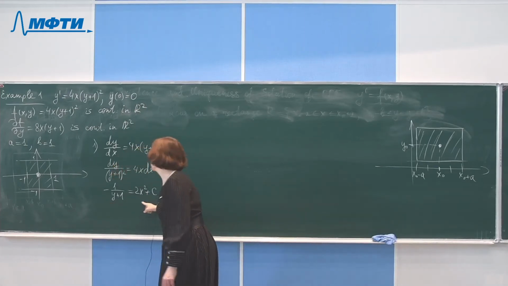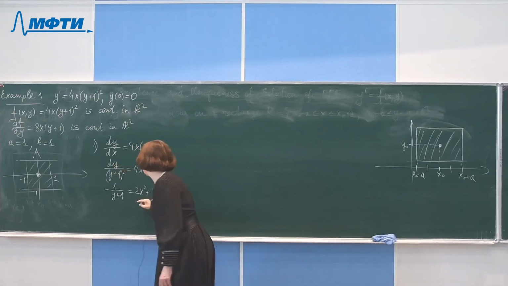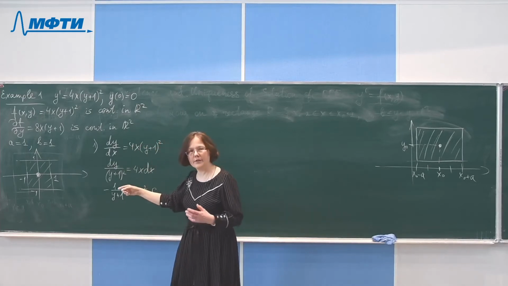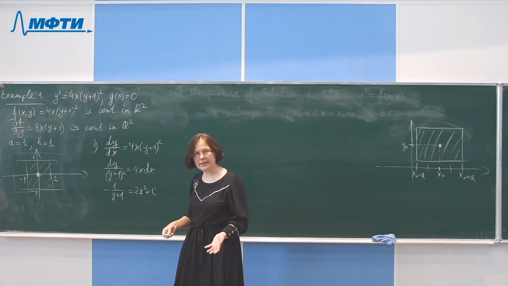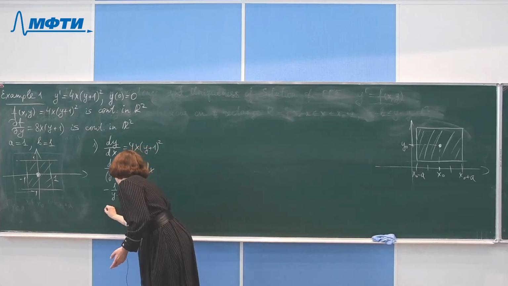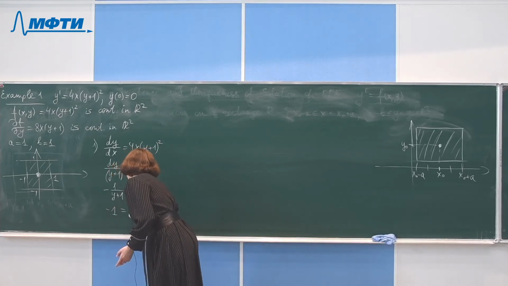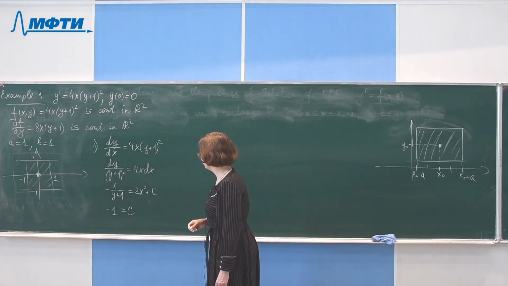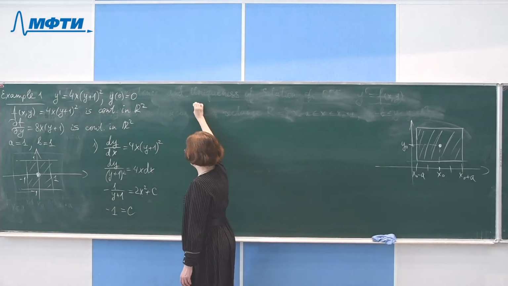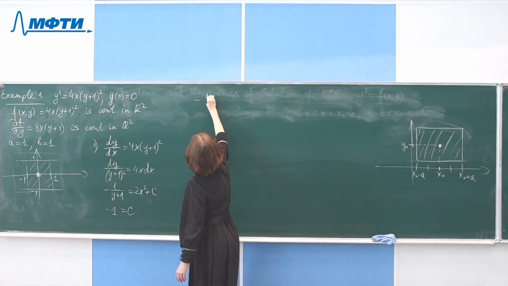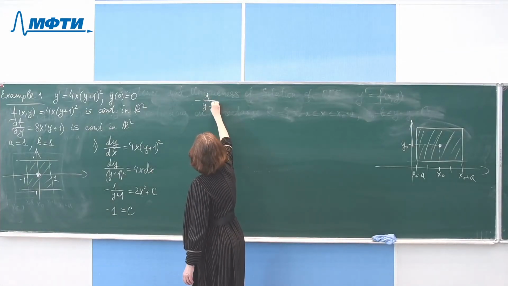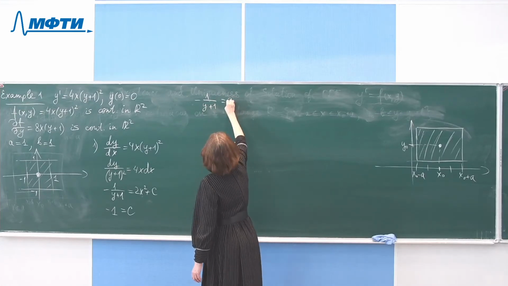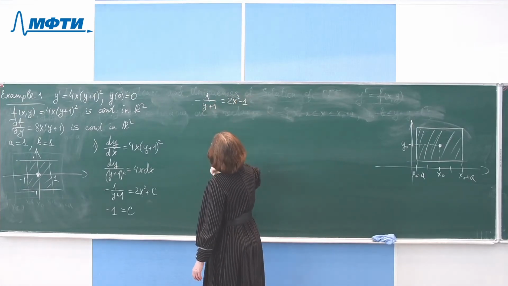Then we have the following. We should substitute 0 for x and 0 for y in this equation and find c. Let's do this. So we have minus 1 equals c. So c is negative 1. So we have minus 1 over (y plus 1) equals 2x squared minus 1.